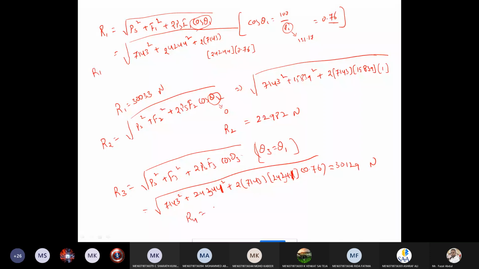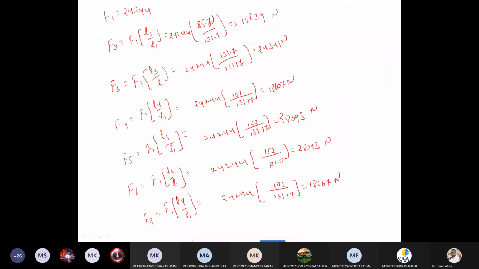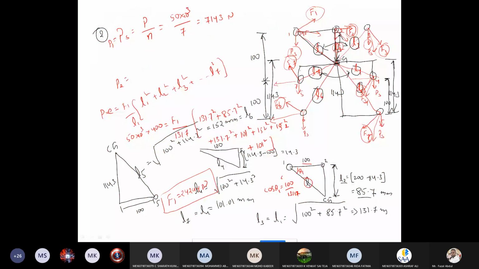Now R4, how much? R4 is Ps square plus F4 square plus 2 Ps F4 cos theta 4. Theta 4, how much? So a separate triangle we need to construct. Already it is constructed here. This is theta 4. So cos theta 4 is 100 by L4.